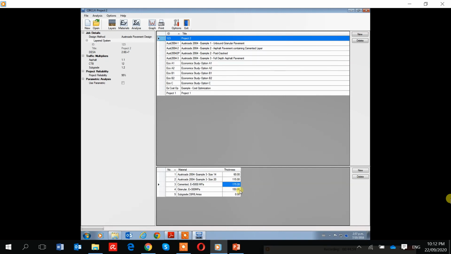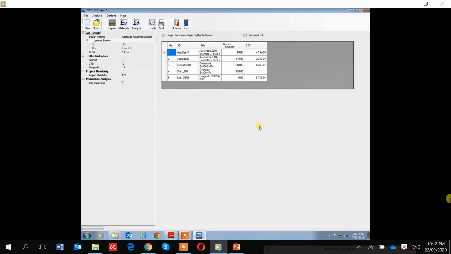I change it from 175 to 200, and I'm going to run it again. So now it is okay. We can see that in this case all the layers are below 1, with the cemented material at 0.6.